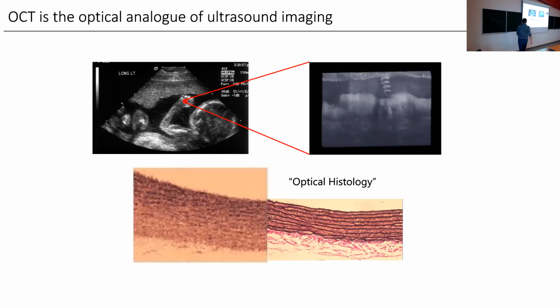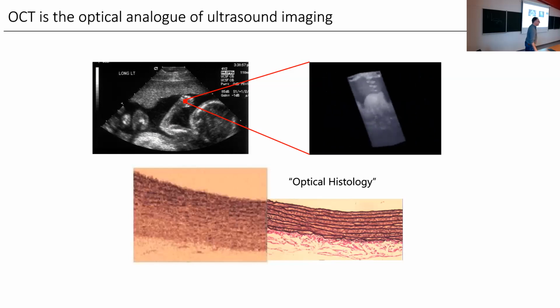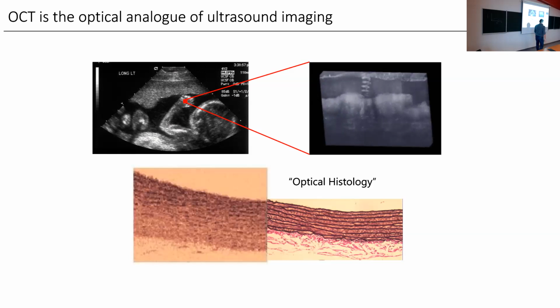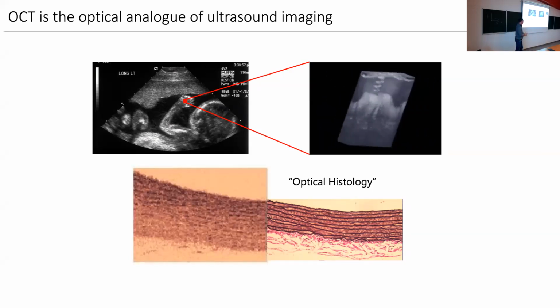The other one is looking at the same piece of tissue the way doctors do, which is called histology. For most diseases, at the end, the decision is made based on histology.